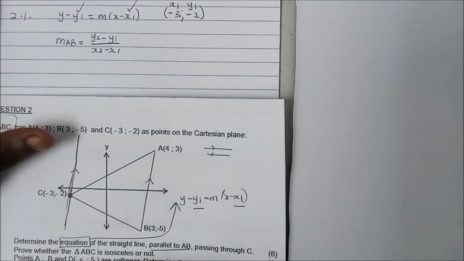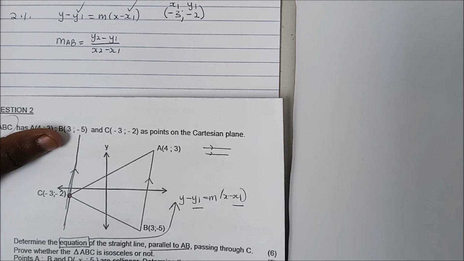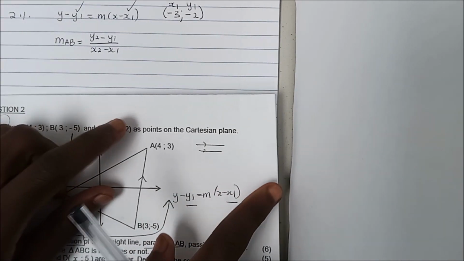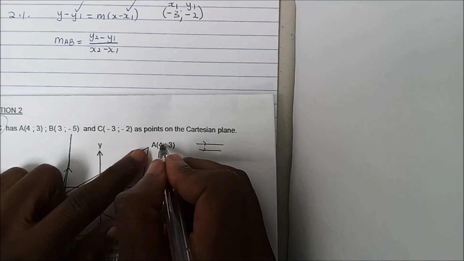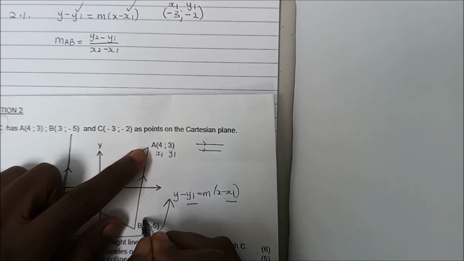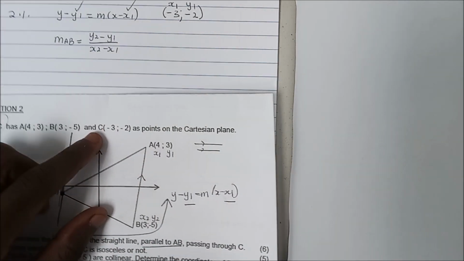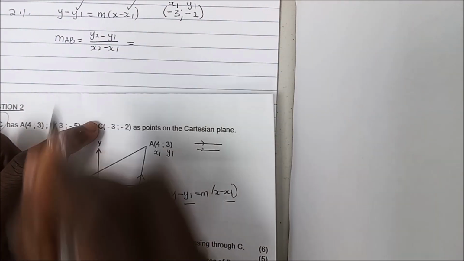Remember, for the gradient formula, the distance formula, and the midpoint formula, you need to name your coordinates. So this is going to be our x1 and y1, and that's going to be our x2 and y2. Now let's substitute.